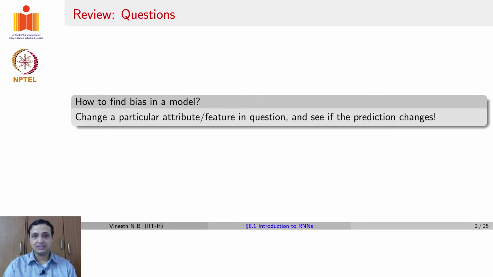If this happens, the model is relying on that feature to make its prediction. And if you think that should not exist, you should try to regularize based on that attribute, use data augmentation methods to vary that attribute's value and ensure the model does not change its prediction.